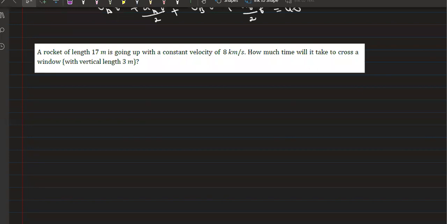What is given? A rocket of length 17 meter is going up with constant velocity of 8 kilometer per second. How much time will it take to cross a window with vertical length of 3 meter?